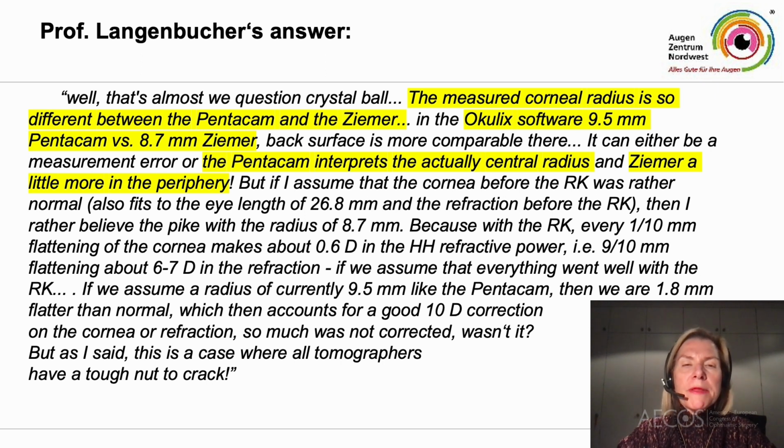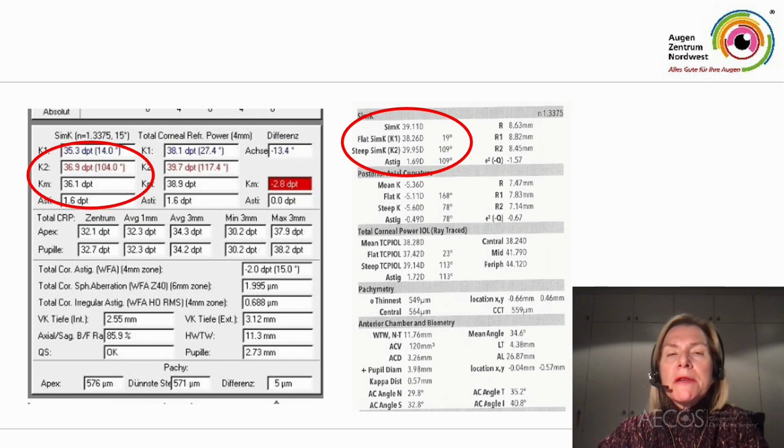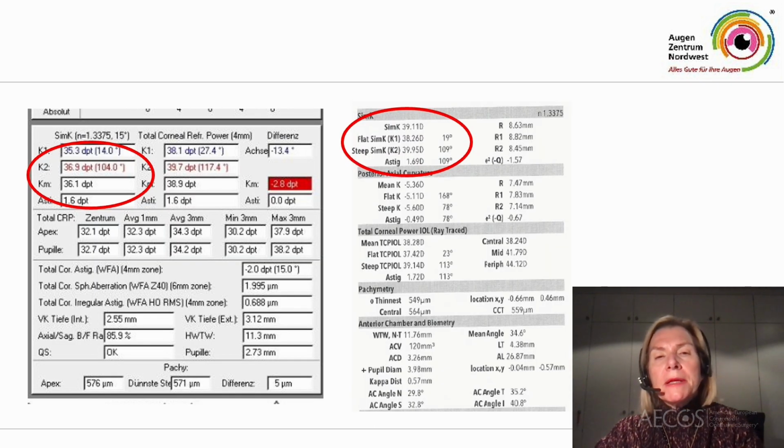And if we assume that everything went well with the RK, and if we assume a radius of currently 9.5 millimeters like the Pentacam, then we are 1.8 millimeters flatter than normal, which then accounts for a good 10 diopter correction on the cornea or refraction. And so much had not been corrected. Therefore, we believed more the CIMA topography. And here you see the difference between Pentacam and CIMA again.